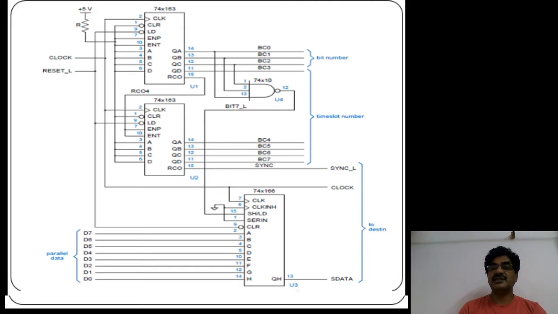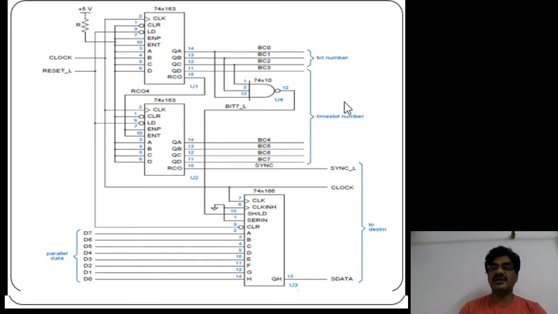Therefore two such ICs are used here to act as an 8-bit counter. Out of 8 bits, the MSB 5 bits represent which time slot is transmitting, and the LSB 3 bits represent which bit is transmitting in that time slot.